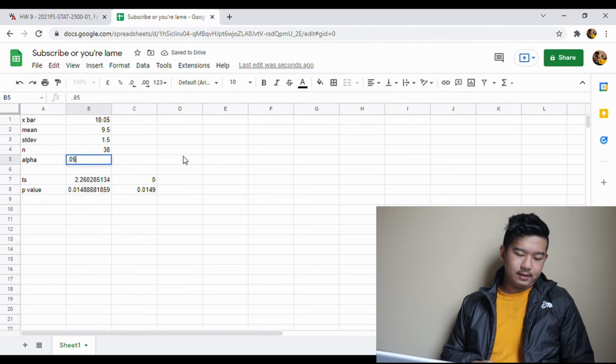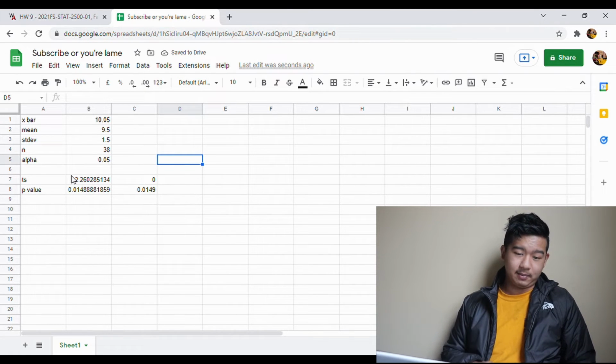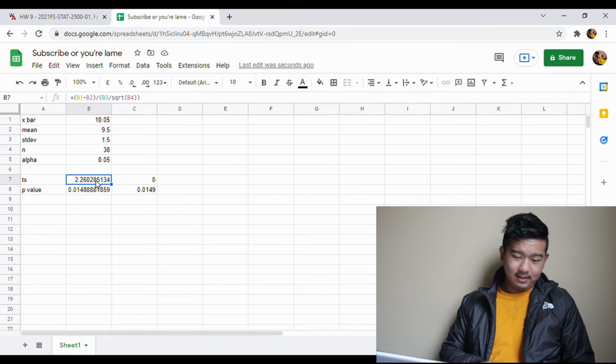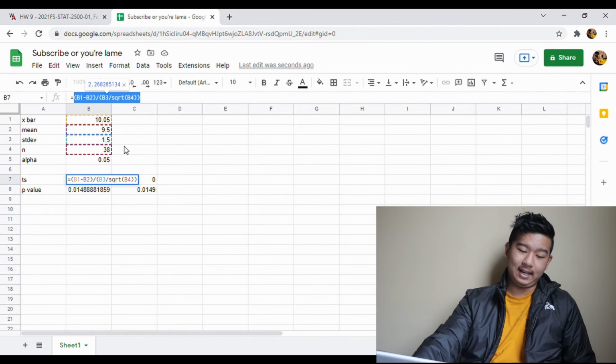I already had our formulas built in because I already did this for homework a couple weeks ago. So our test statistic formula is given to us right here. That means our x bar minus the mean, divided by the standard deviation over the square root of our sample size.